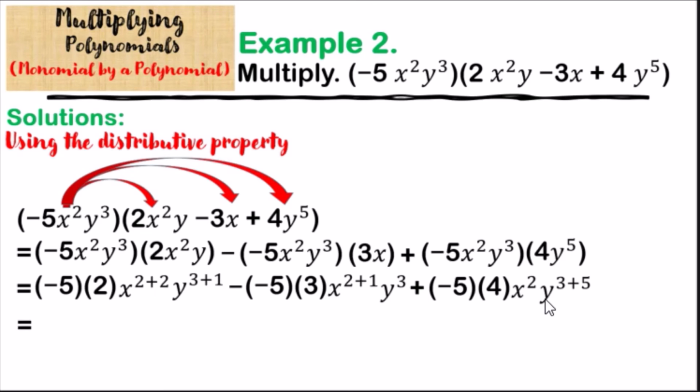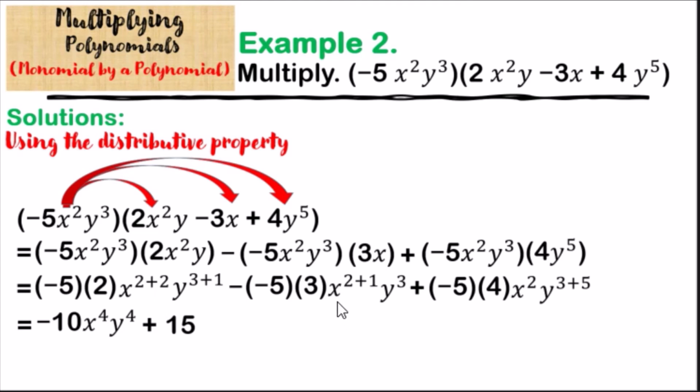Simplify, we have negative 5 times 2 is negative 10. And 2 plus 2, that's 4. That is x raised to 4. Then we have 3 plus 1 is 4. That is y raised to 4. And negative 5 times 3 is negative 15 times negative is positive 15.